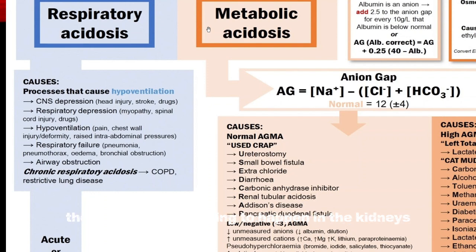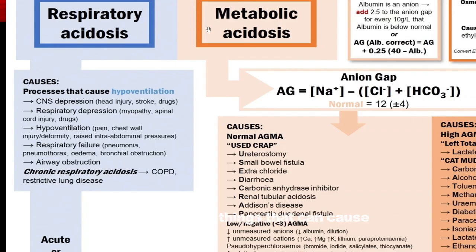The compensation is going to happen in the kidneys, and that is going to be called metabolic compensation. So the diagnosis is going to be called respiratory acidosis with metabolic alkalosis, for example. How are the kidneys going to handle that? The kidneys will try to reabsorb back the bicarbonate. So you expect bicarbonate to increase in respiratory acidosis because that's a compensatory mechanism.